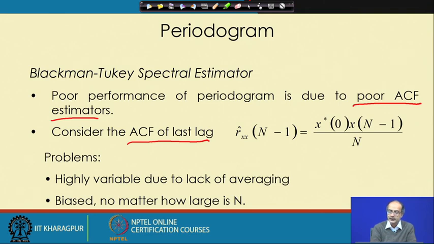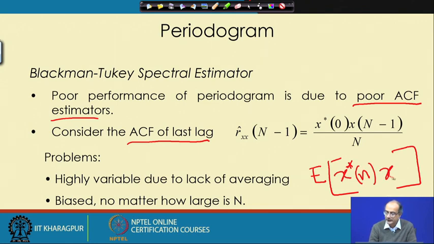Now, this costs us in terms of fluctuation. If there is no averaging, the estimate we are taking, ideally we are supposed to take the expectation operator of the two terms, x star n into x n minus k, or you can take the star on the second one.